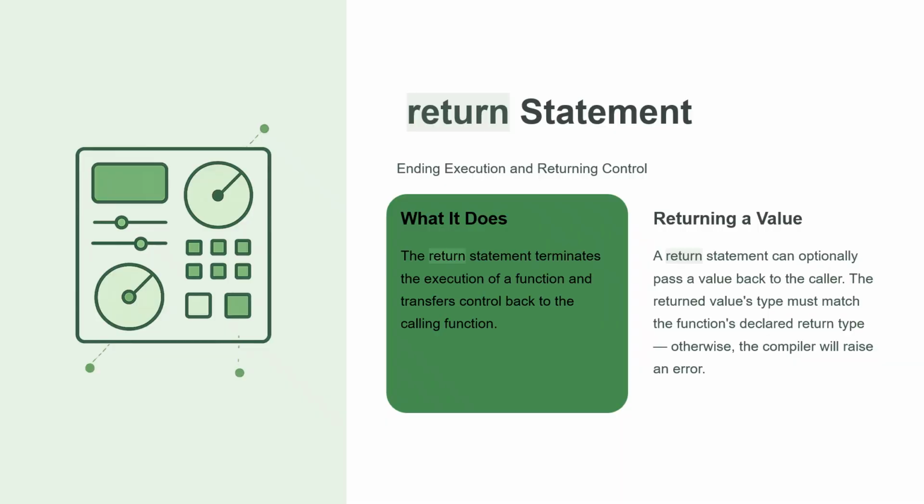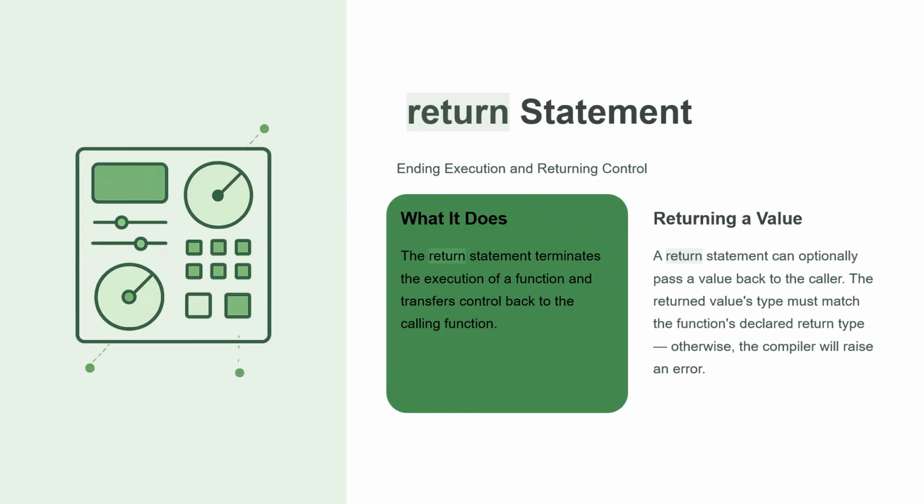Now, the second jump statement is the return statement. When coming to the return statement, it ends an execution and returns control. What does it mean actually? The return statement terminates the execution of a function and transfers the control back to the calling function.